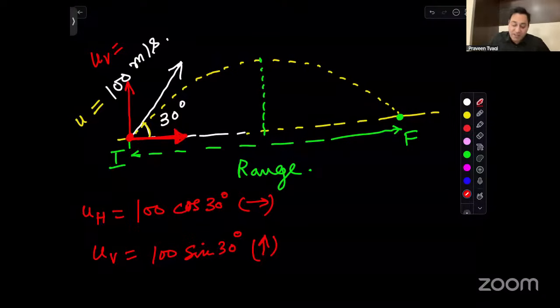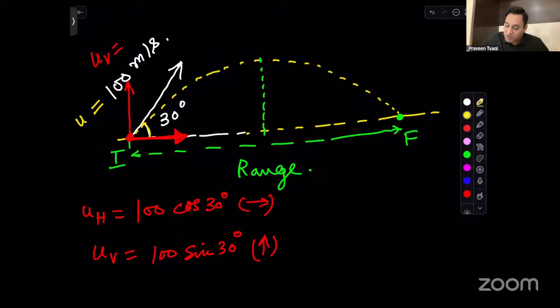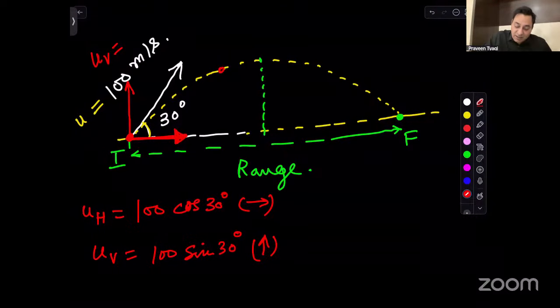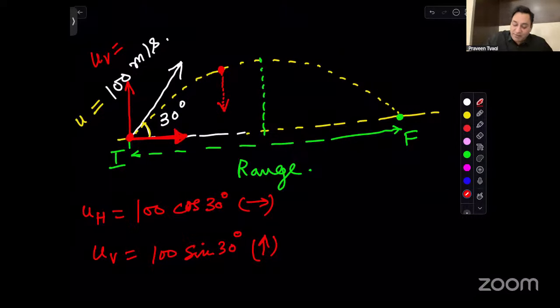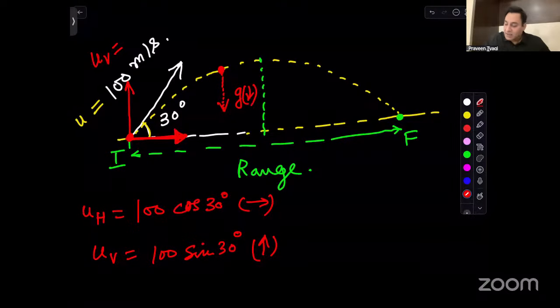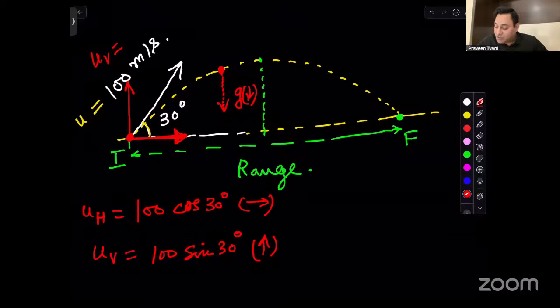Now, when the stone is in air at any position, what is the acceleration of this stone at any point? There is only one force which is acting on this stone, and that force is gravitational force. And that force will give it an acceleration g downwards. There is no other horizontal force. I am assuming air resistance to be zero.